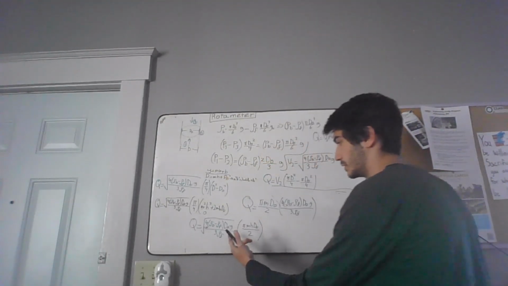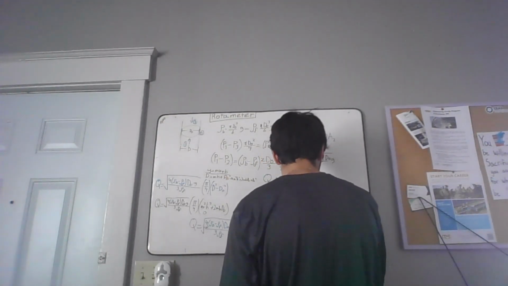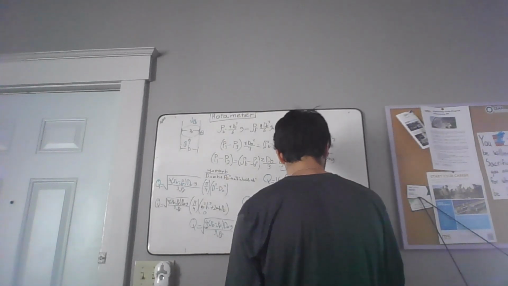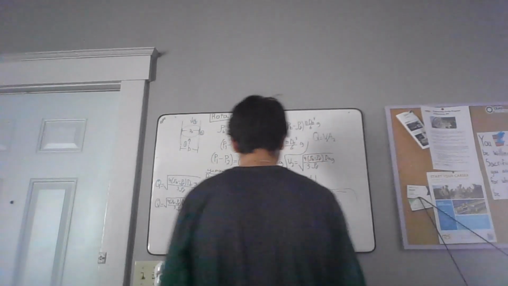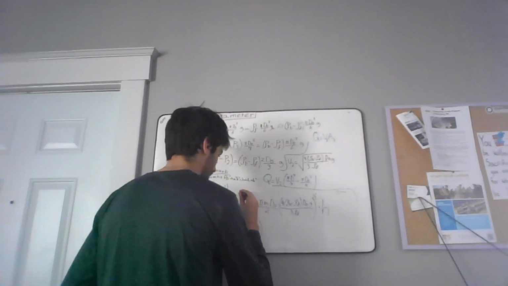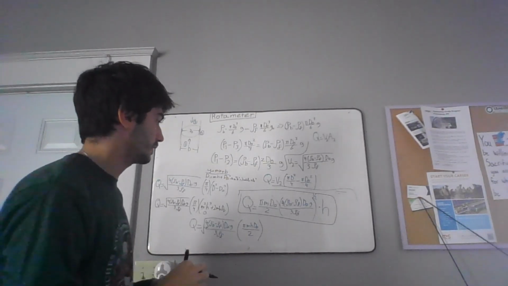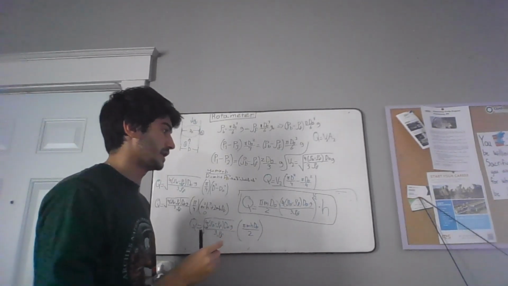Like I said, we have this to the power of 1/2 multiplied by our h. There we have it. There is our expression demonstrating the relationship between the volumetric flow rate with respect to h.